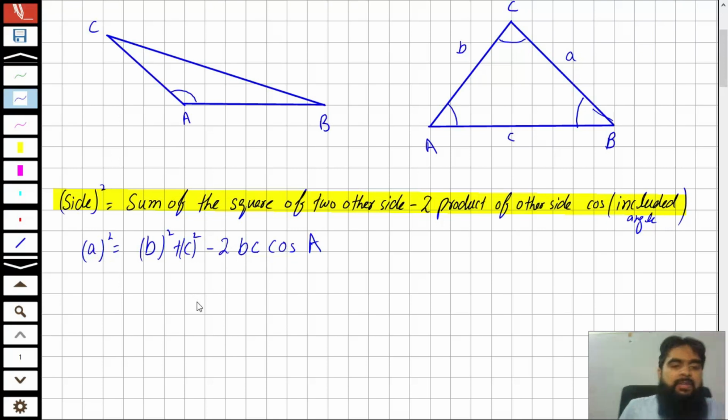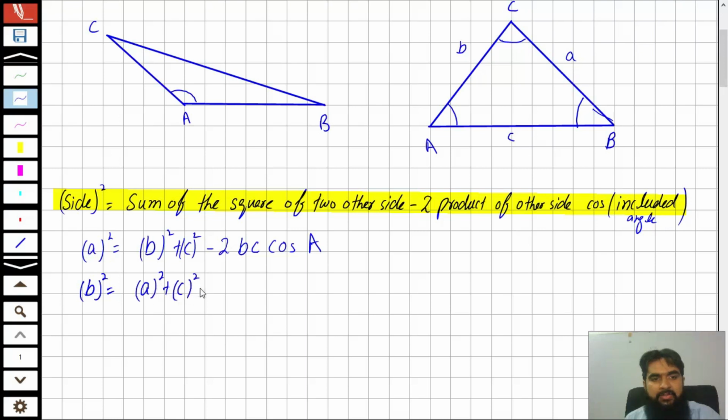In the same way, if I am taking side B, the other sides are A and C. So B square will be equal to A square plus C square minus 2 A C into cos of their included angle.